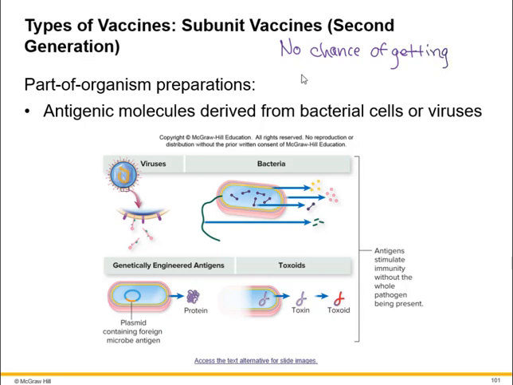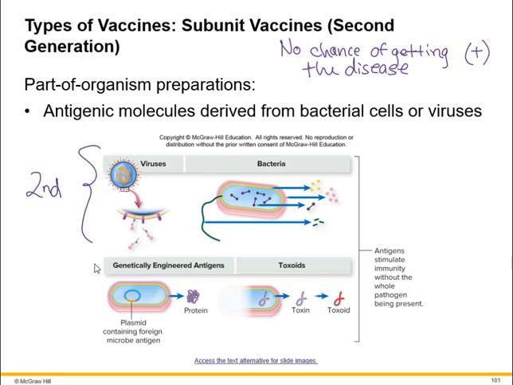You're just being given a part of the organism. So that is definitely a plus. And they're not terribly difficult to necessarily prepare, and you don't necessarily have to know how they're prepared. But the just part or subunit, that's the second generation.